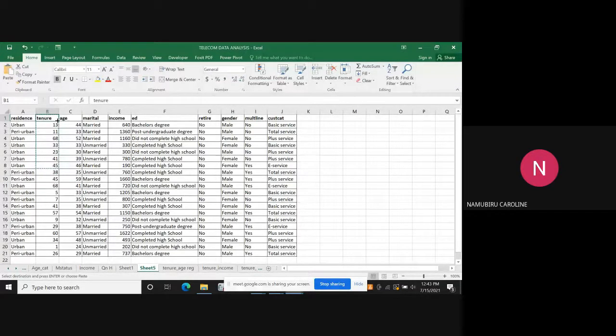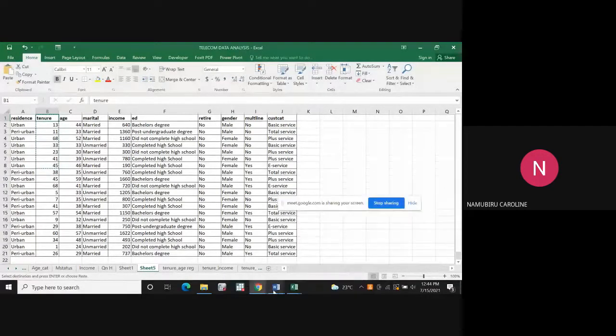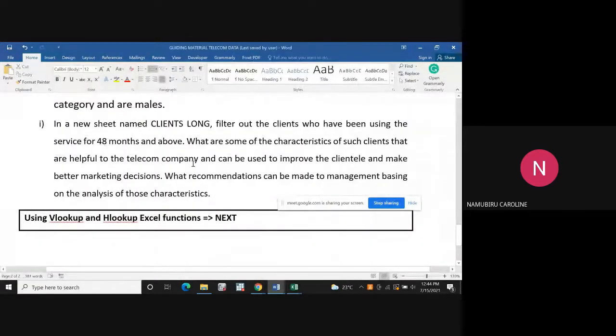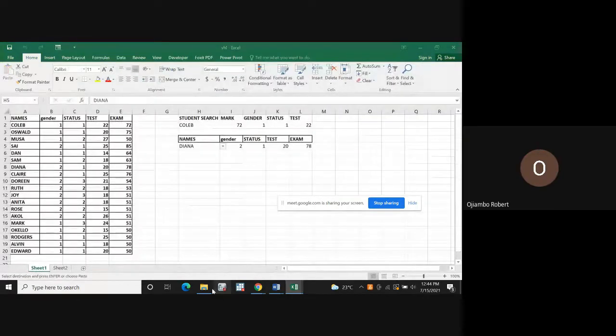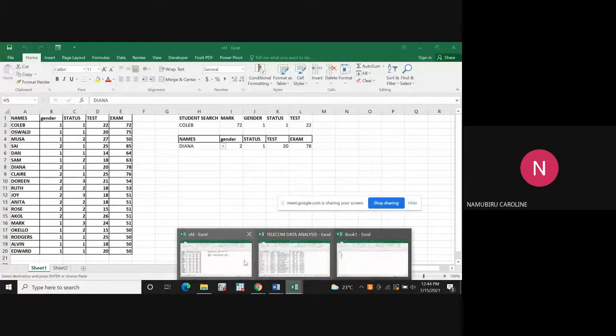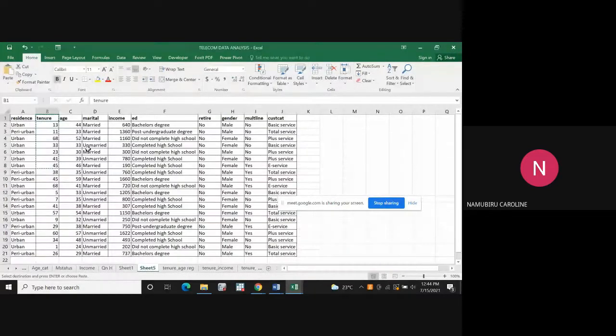When you look at number filters, look for greater than, because in our question of interest, they are telling us clients who have been using the service for 48 months and above. So it is greater than or equal to. Have you seen that option? Yes, madam, I can see it. So you go to that greater than or equal to, and then you put 48.